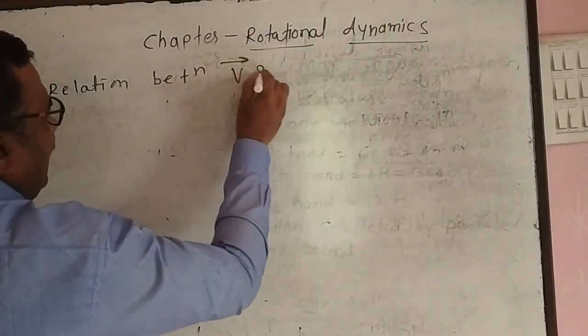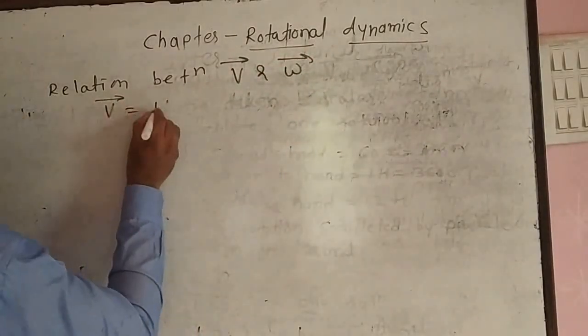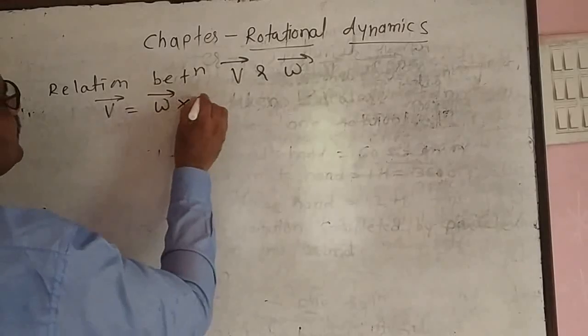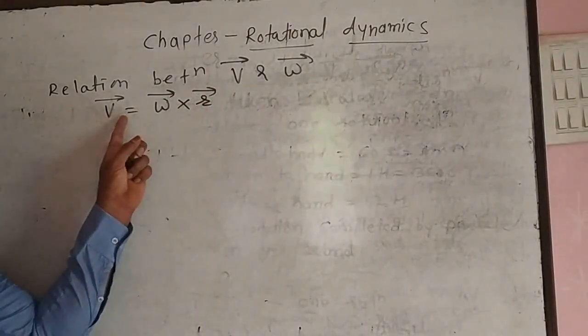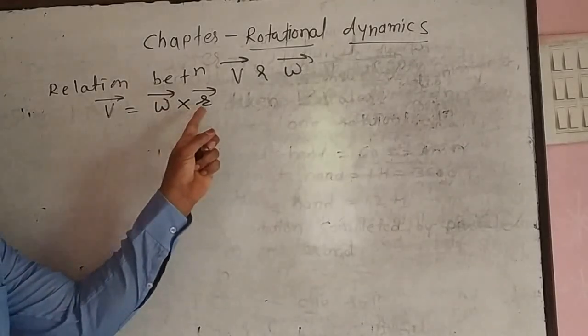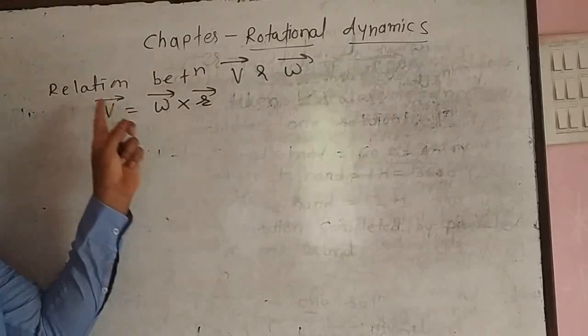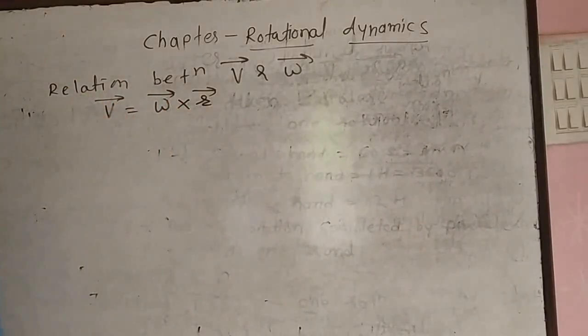Linear velocity V is equal to omega cross r. Linear velocity is a cross product of angular velocity and radius vector. This is the relation V is equal to r omega.